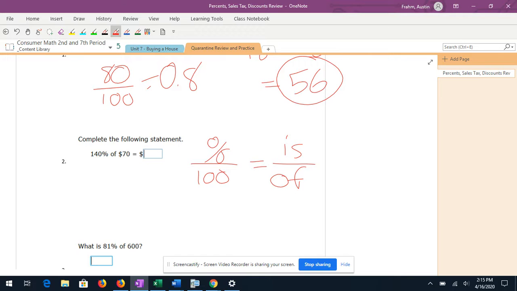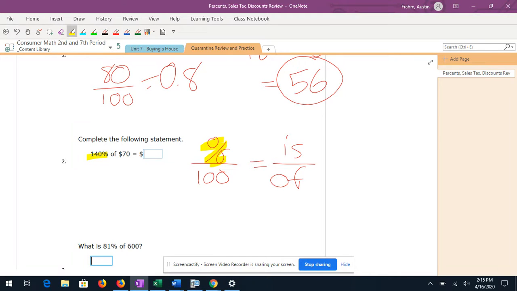Now we need to look at the problem to give us context clues of what number should go where. Since 140% is a percentage, we're going to put that number here in our proportion. The 100 always stays the same. Now the is over the of depends on the numbers they give you and where the words are in the question.